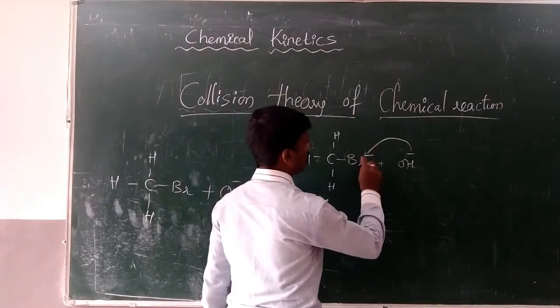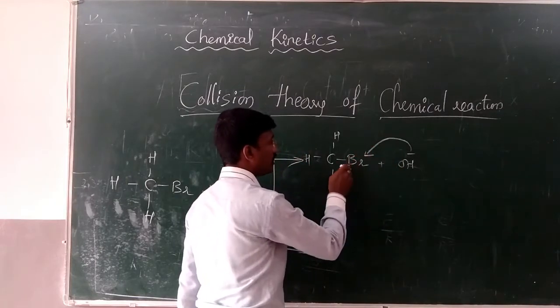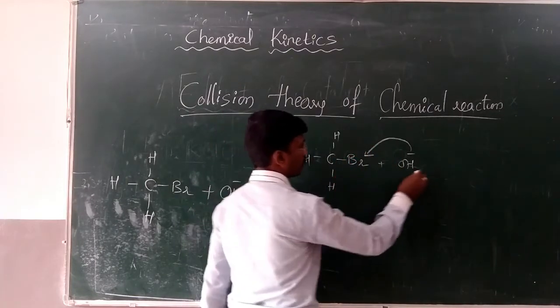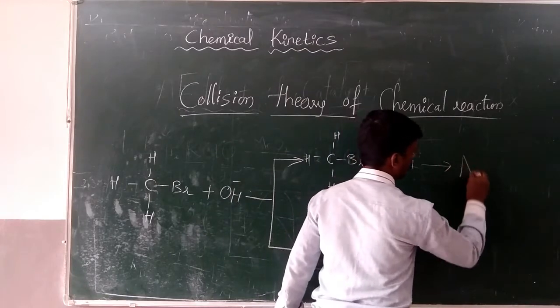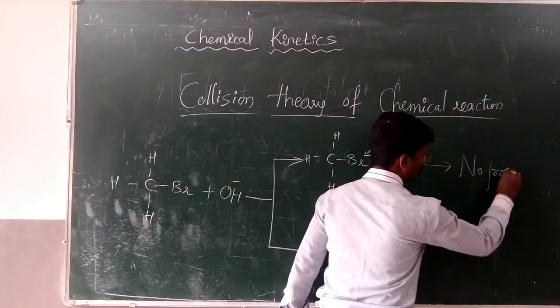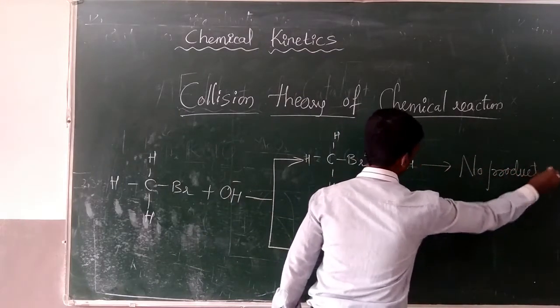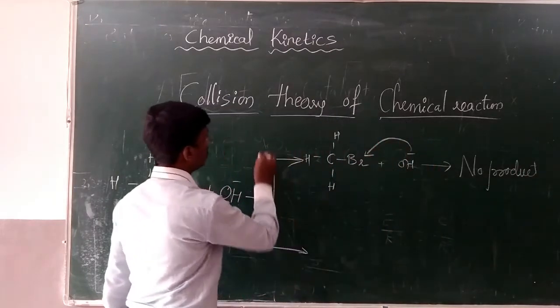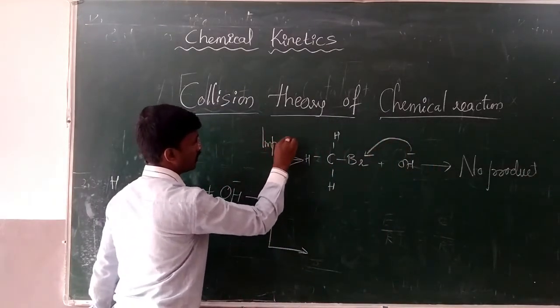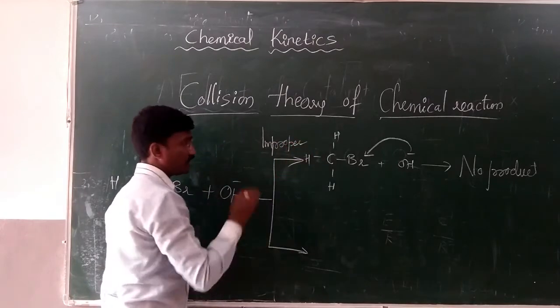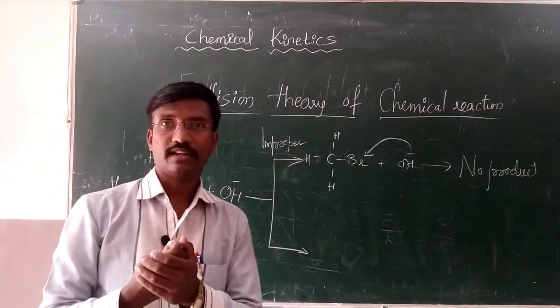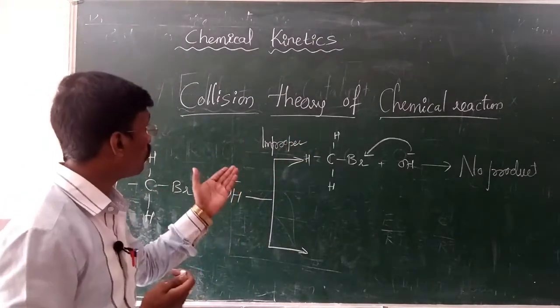There is no cleavage of the C-Br bond, therefore there is no formation of product. No product is formed. This kind of attack is called improper orientation or improper bombardment; it is not an effective collision.